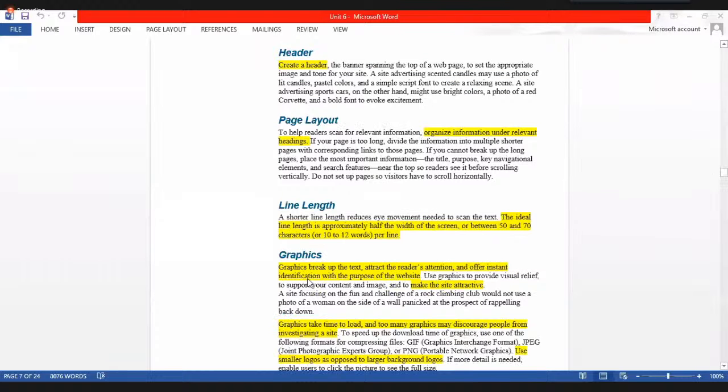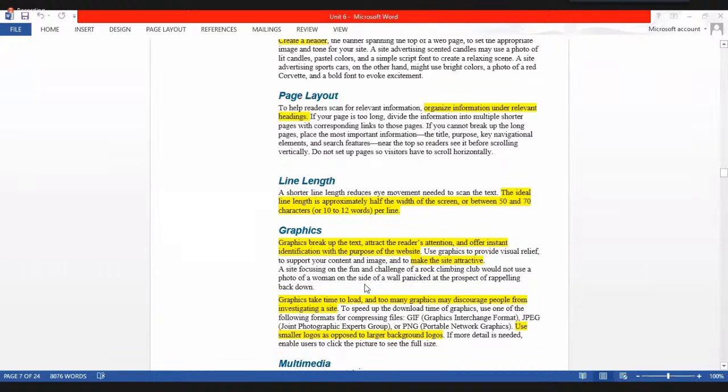Then graphics. Graphics break up the text, attract the reader's attention, and offer instant identification with the purpose of the website. So make the site attractive. Now see, graphics means using figures. If you use figures, the figures attract the reader's attention, because suppose you have a lot of information to convey, and for that you have to write a lot.